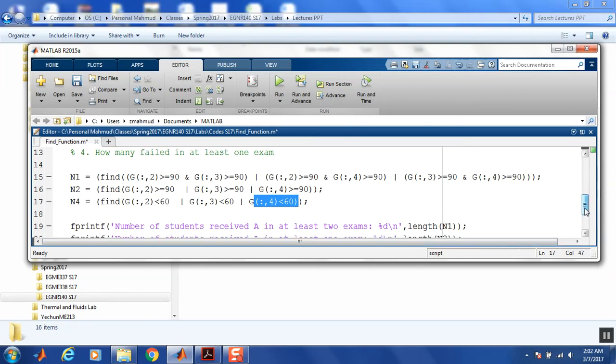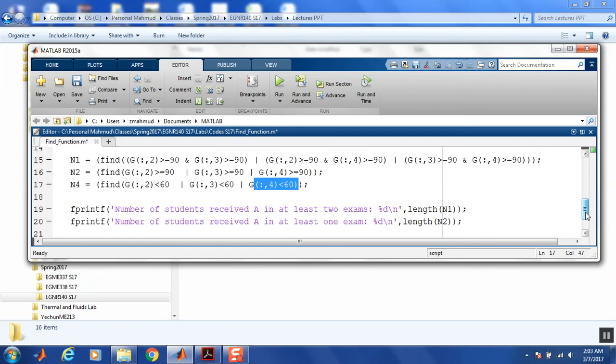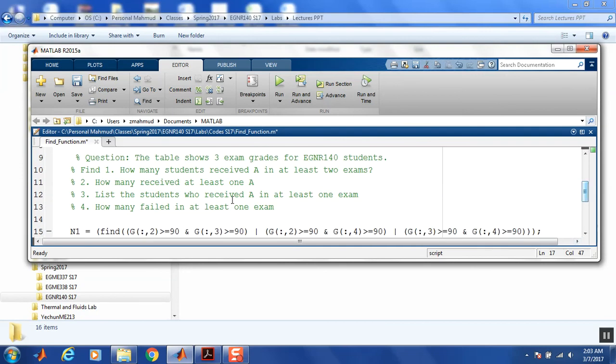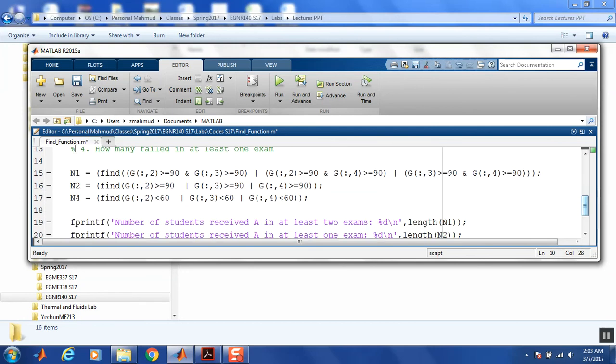So now that I have those numbers down, again just simply using a printf, the question was how many students. The find function gives me the row number. So if there is one student here or two students here, this will give me the row. Say, for example, second student and fourth student received at least 2 90s.